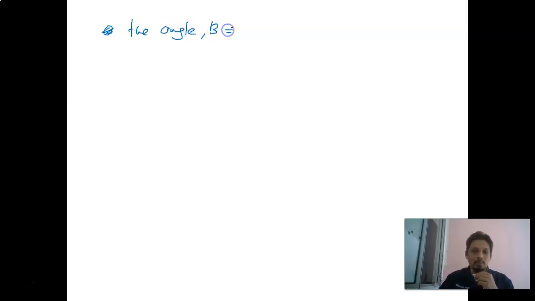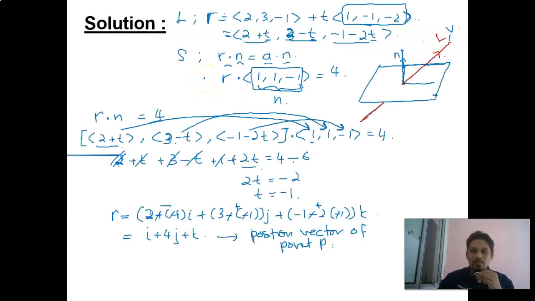of B equal to cos of N dot V divided by modulus of N and modulus of V. Okay, so what is N and V just now?